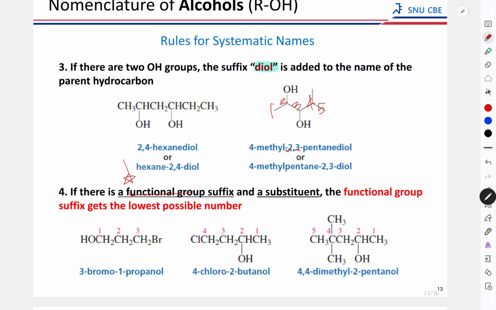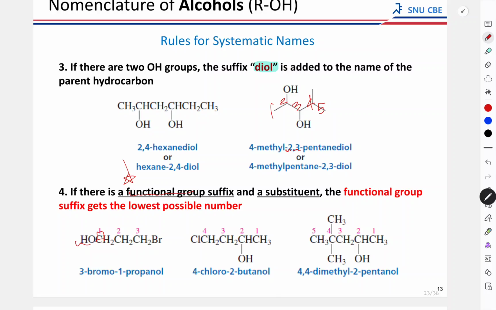This carbon has to be number 1, so as to make the carbon attached to the alcohol get the lowest possible number, with which you can identify the bromine carbon as number 3. So that's why you have 3-bromo-1-propanol for this compound.